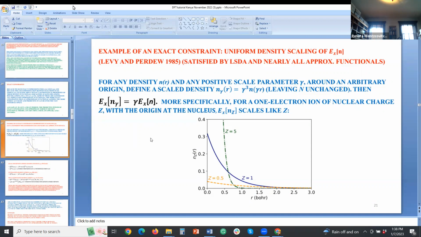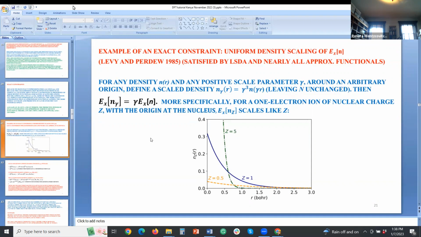And here's what it says. If we have any density n of r, and any positive scale parameter gamma, that's just a positive number, and if we have any arbitrary origin for r, we can define a scaled density n gamma of r, which is defined to be gamma cubed times n of gamma r. When you do that kind of density scaling, you leave the electron number unchanged, as you can see by simply integrating n gamma over the three-dimensional r space.